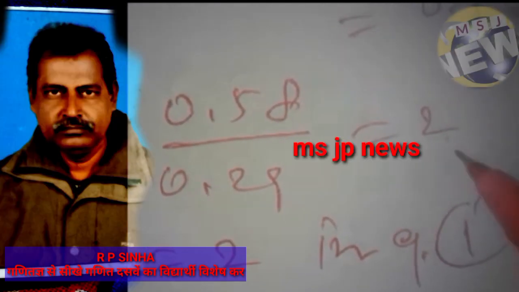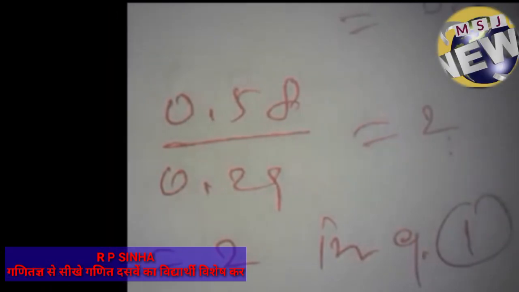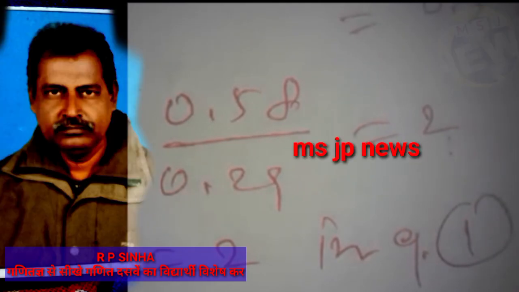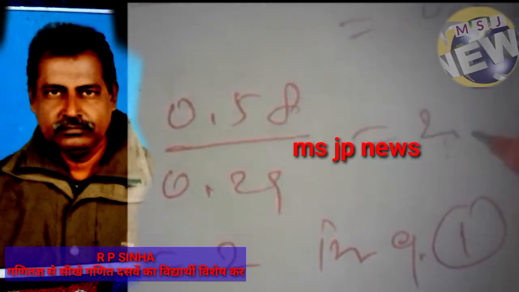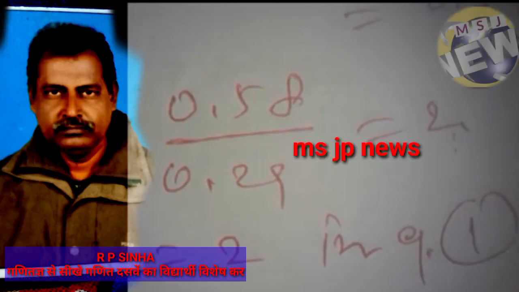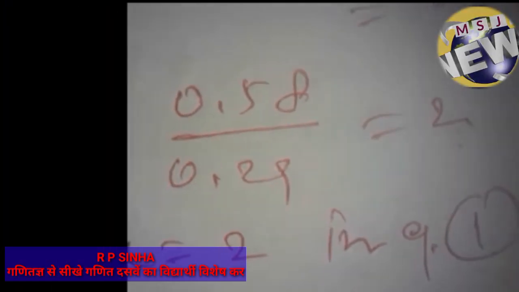Now this 2 will be substituted in any equation. We now have 4 equations, and we can substitute x = 2 in any of them. We have substituted this value in equation number 1.